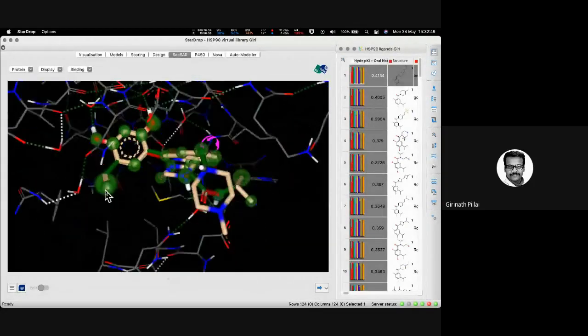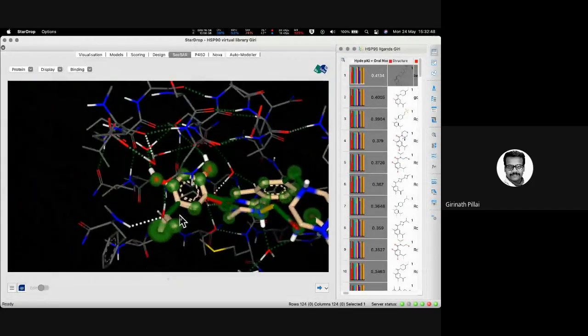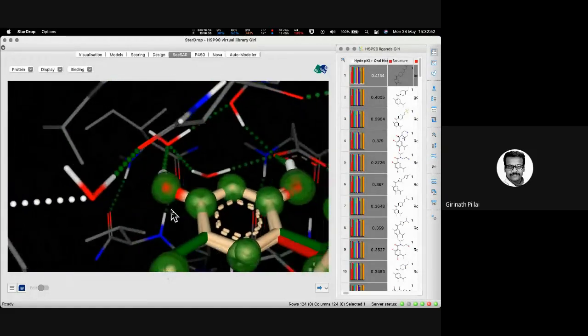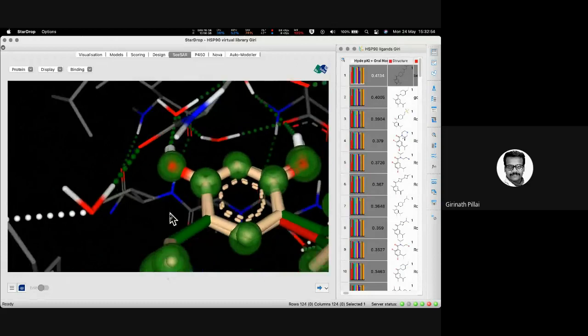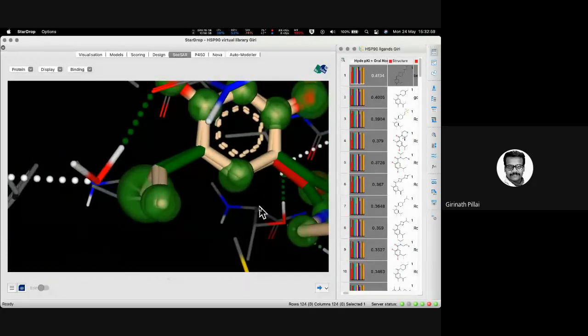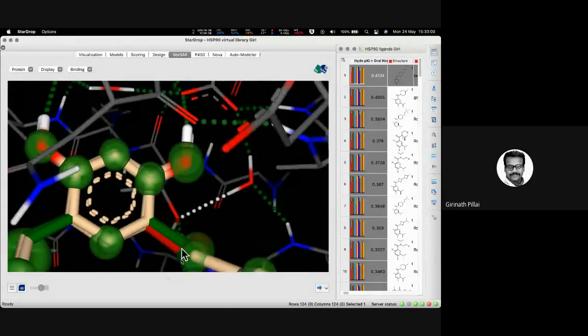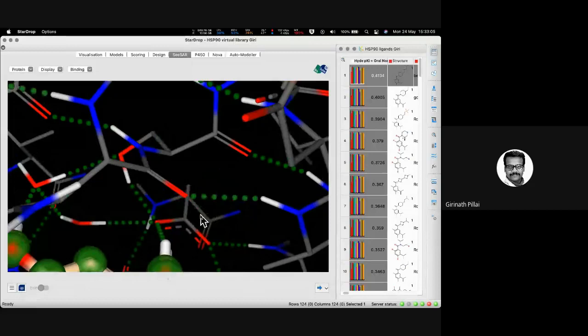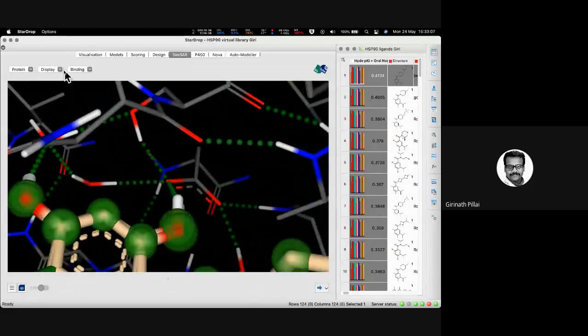Now, tomorrow, when you're making some changes, let me zoom. Yeah, tomorrow, when you're making some changes, where can I see some interaction with amino acids? Just a second. Let me label it so that it will be easy for you. Okay.